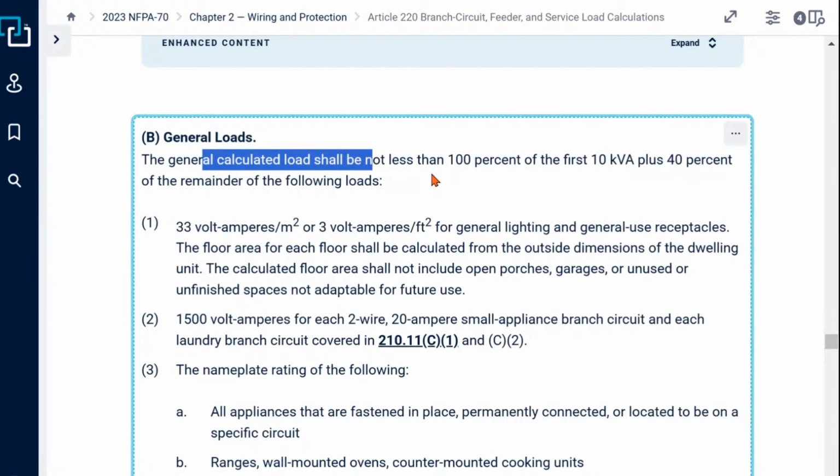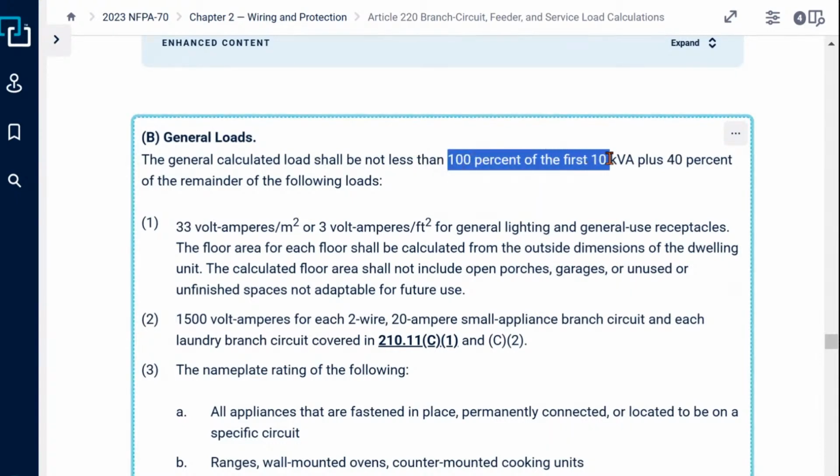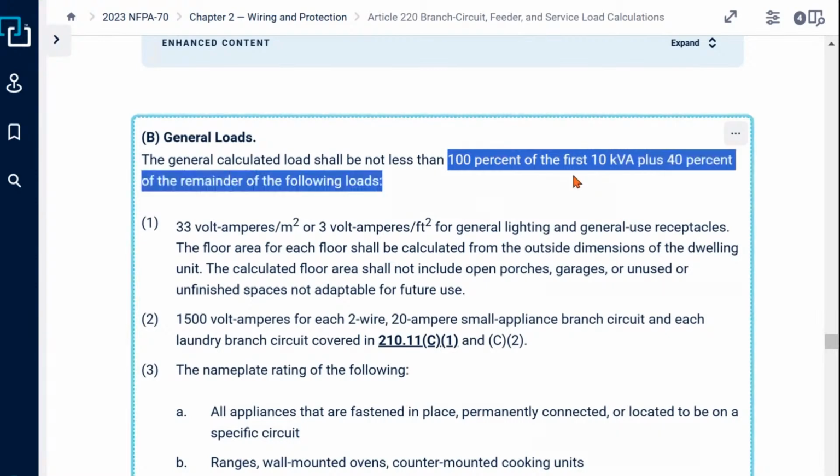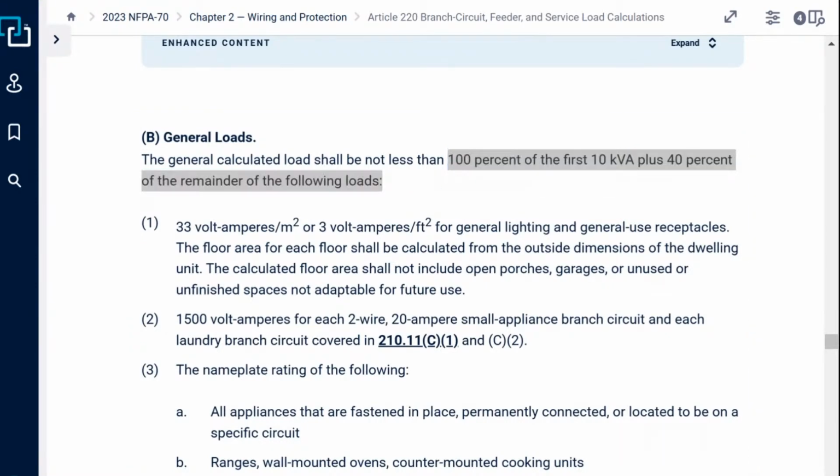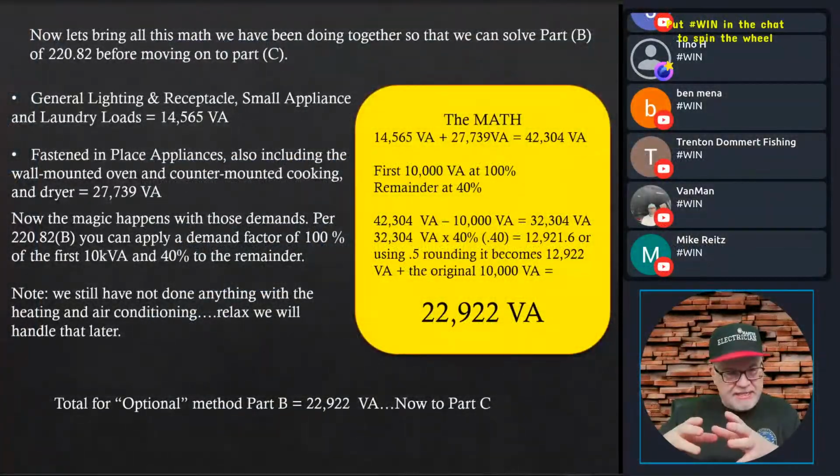We took all the connected stuff, added it up, did our calcs. The total calculated load at the end is not less than 100% for the first 10,000 plus 40% for the remaining. So we're taking 10,000 right off the get-go and putting it to the side. Just taking 10,000 of our value, putting it to the side.